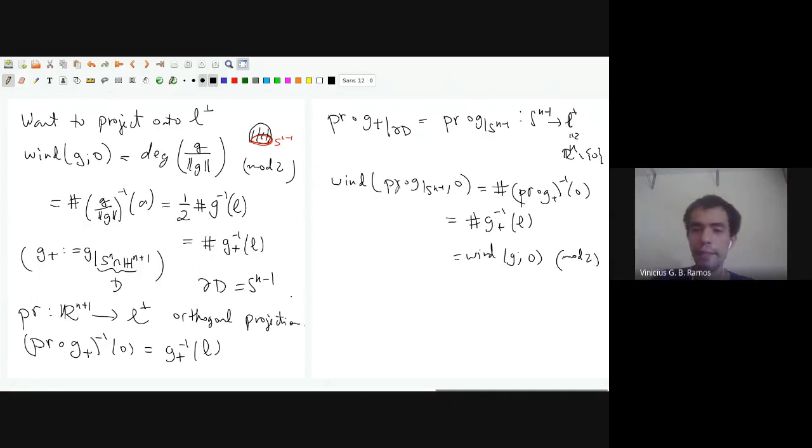And by the induction hypothesis, this is 1 mod 2. So that's the end of the proof. We proved the claim, and therefore we proved the theorem.